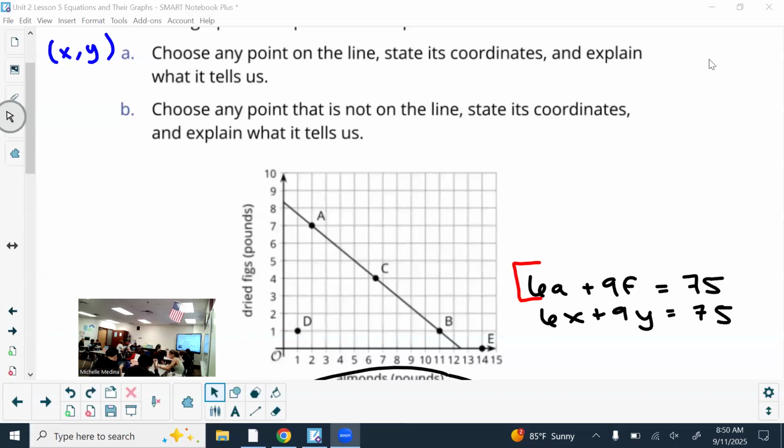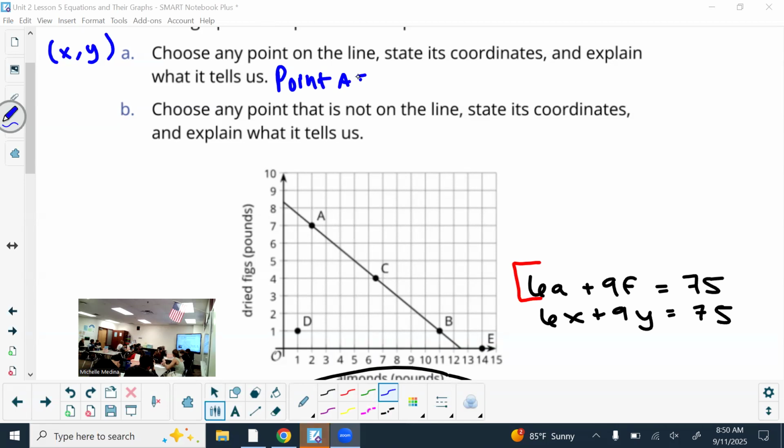Normally point, coordinate, ordered pair all mean the same thing, but this one has ones that are labeled that you could pick from. Really, you could also pick other ones too, as long as they're on the line. But yeah, point A is on the line.